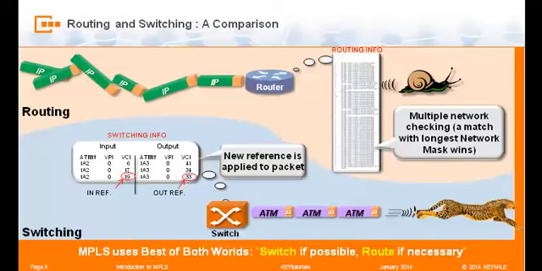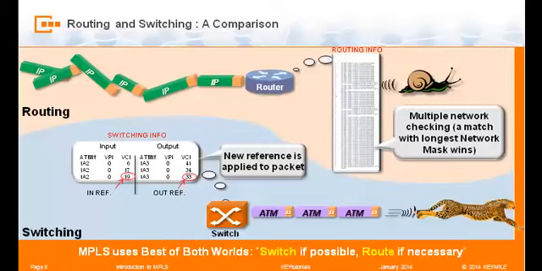MPLS uses the best of both routing and switching. And we'll see shortly that the routing decision made for one packet as it enters the MPLS domain can be used for a whole class of similar packets. They receive a class label that is simply read and replaced at each MPLS router.